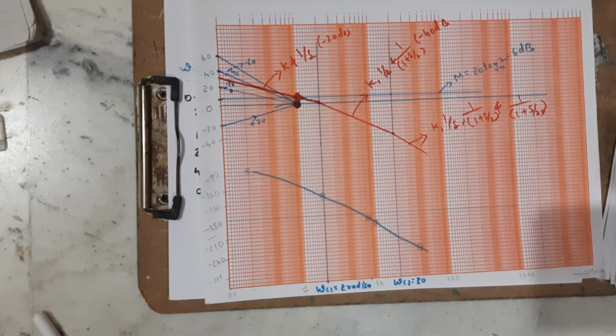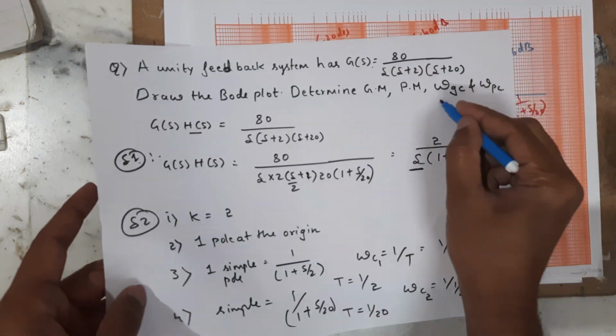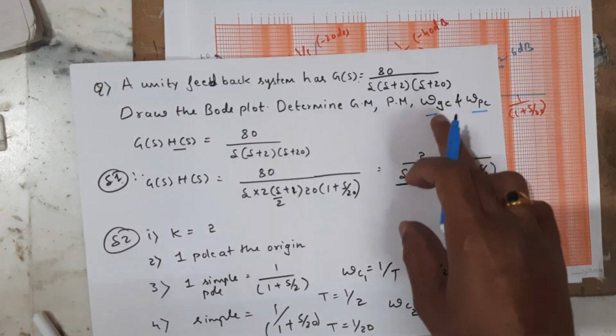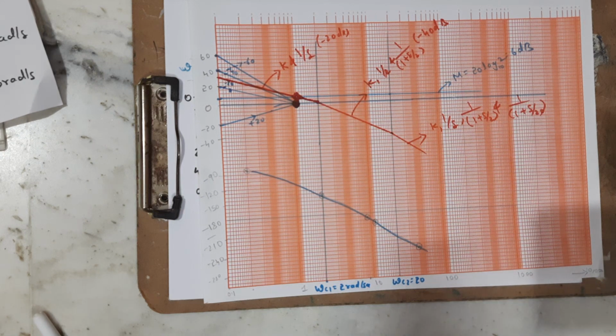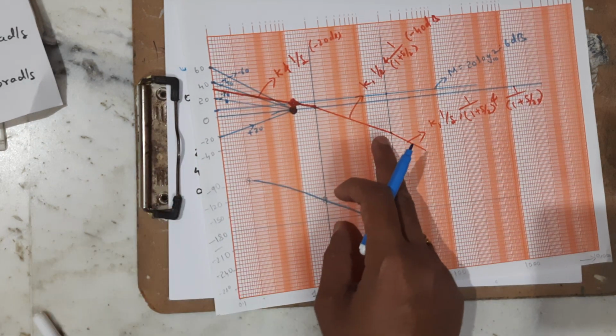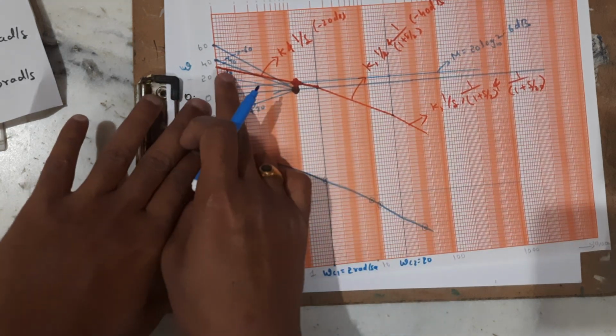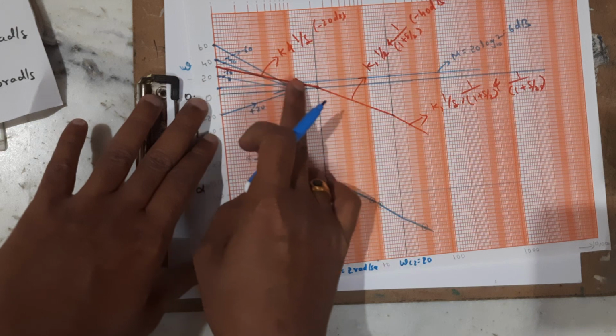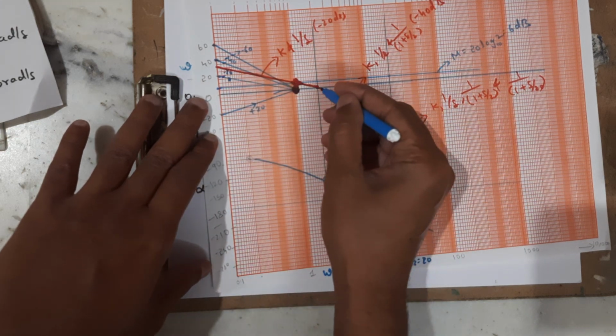What are the things we have to find out? We need to find out first omega gc and omega pc. What is the meaning of gain crossover frequency? How to find out gain crossover frequency? See, that we can find out with the help of magnitude plot, where actually it crosses the 0 dB line.